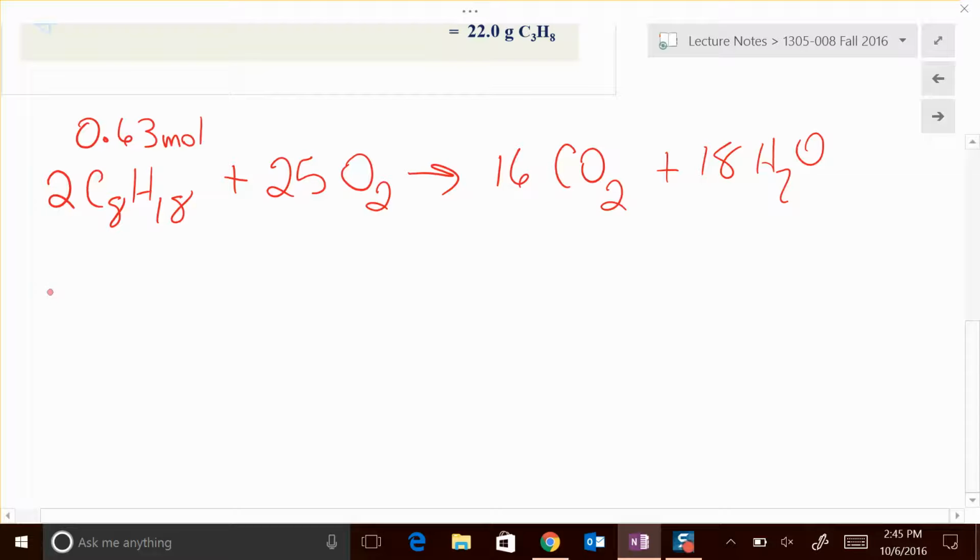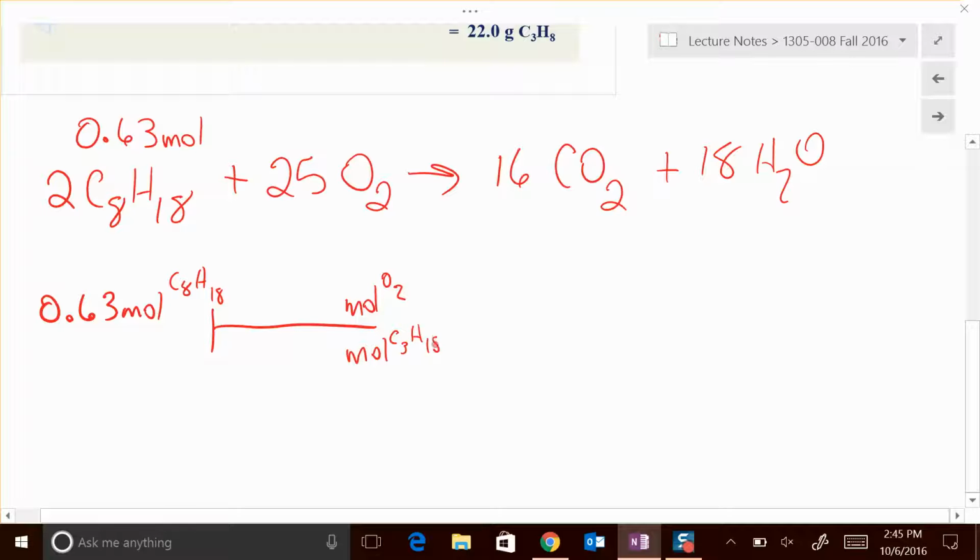So let's set it up. 0.63 moles of C8H18, and I want to convert it to the moles of O2 from the moles of C8H18.